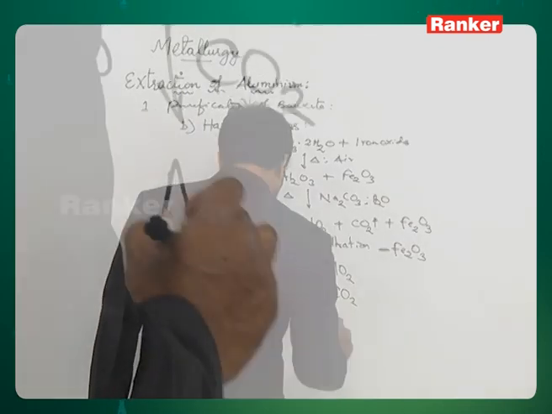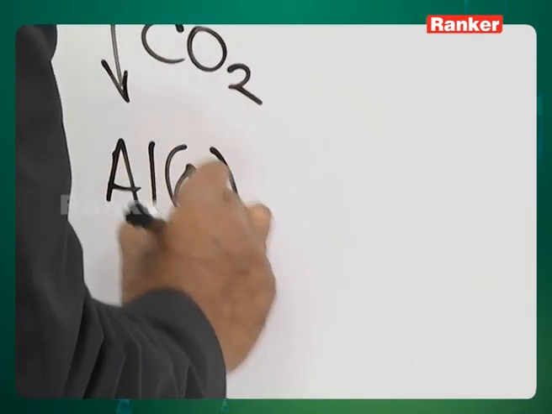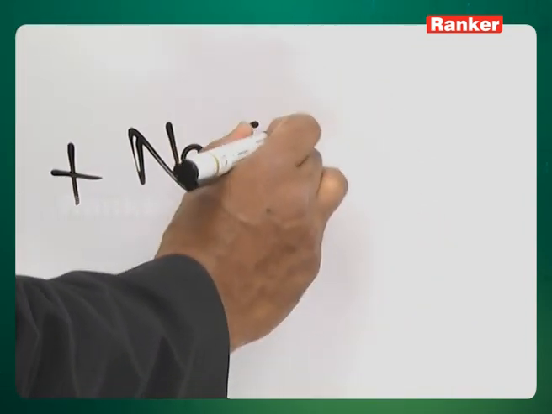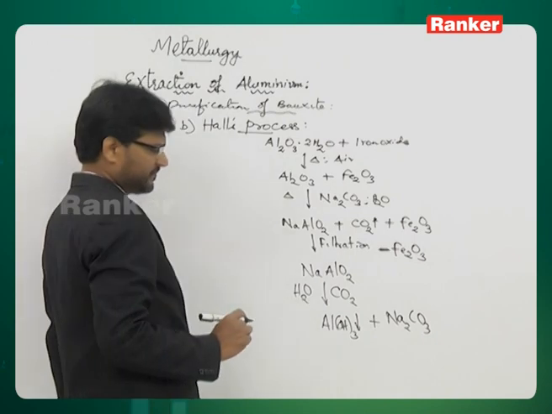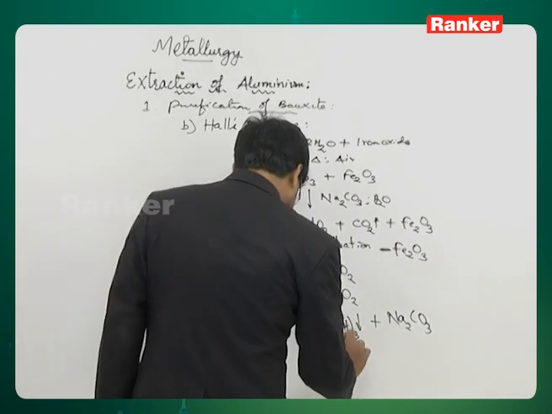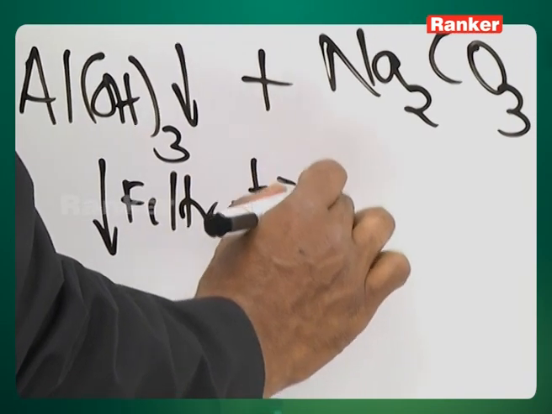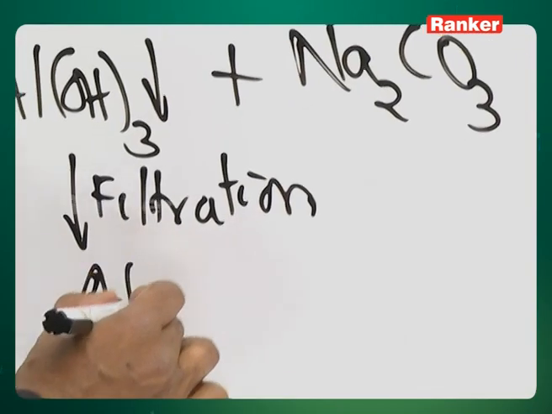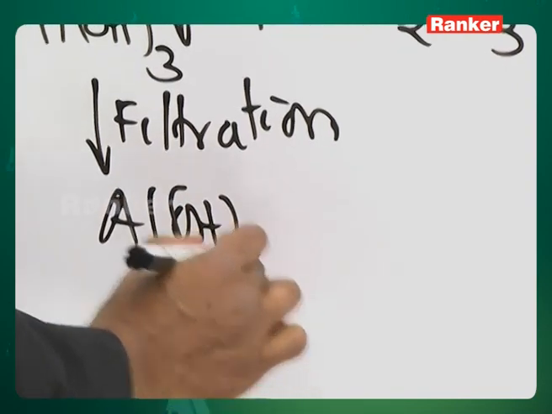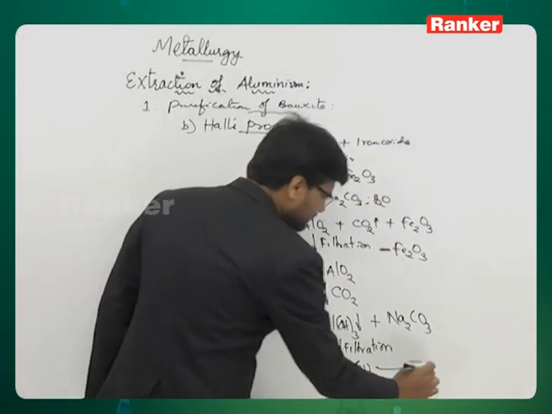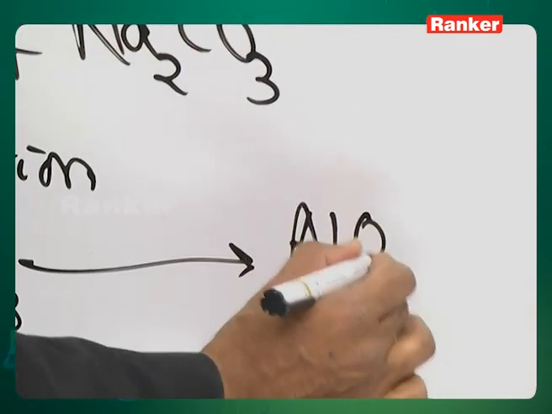You get Al(OH)3, which is insoluble, and a soluble substance Na2CO3. Again you do filtration. On filtration you get aluminum hydroxide solid. This is subjected to ignition to get Al2O3.